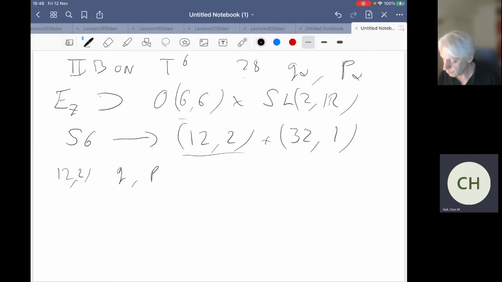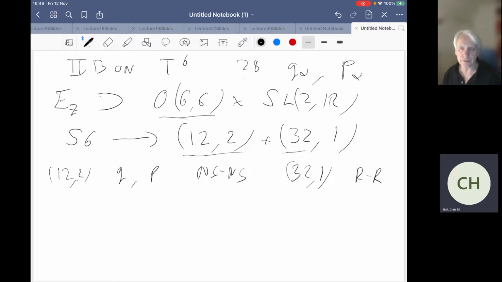The (12,2) consists of the ones coming from the so-called Neveu-Schwarz sector. There are left-moving fermions and right-moving fermions, both of which are antiperiodic on the circle. And then the (32,1) are in the so-called Ramond sector. So this 32-dimensional representation is rather remarkable.